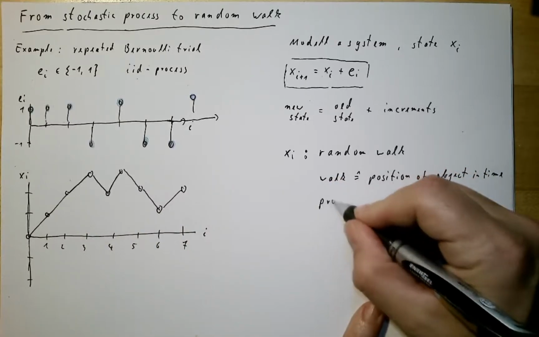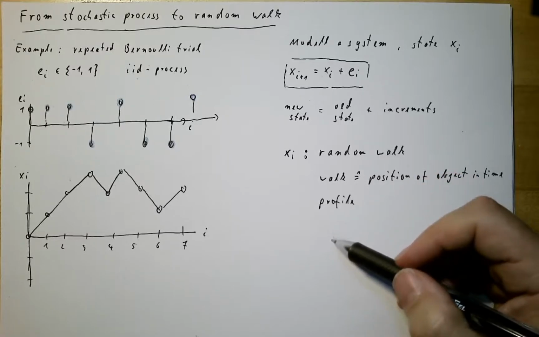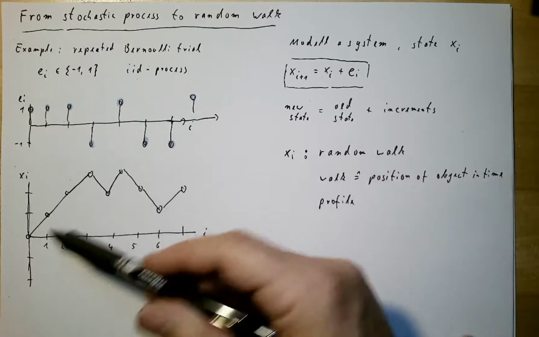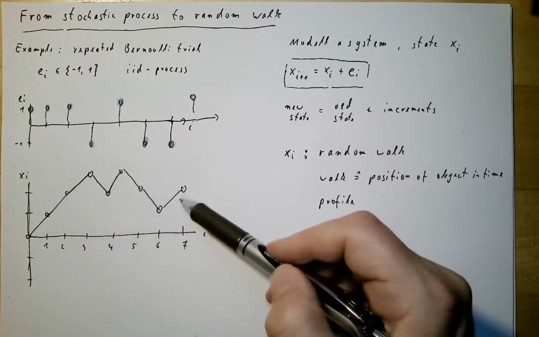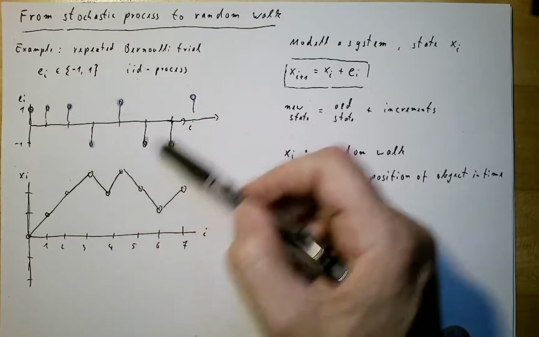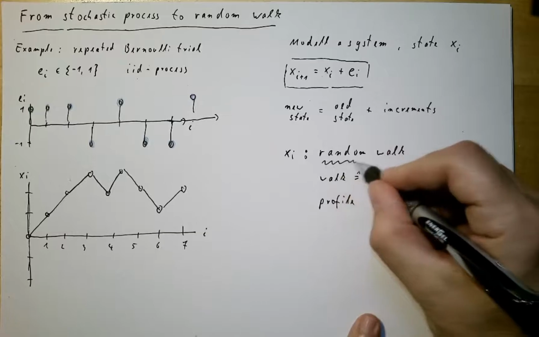And since this walk is random, because the shape of the profile depends on the realization of this process, that's why it's called a random walk.